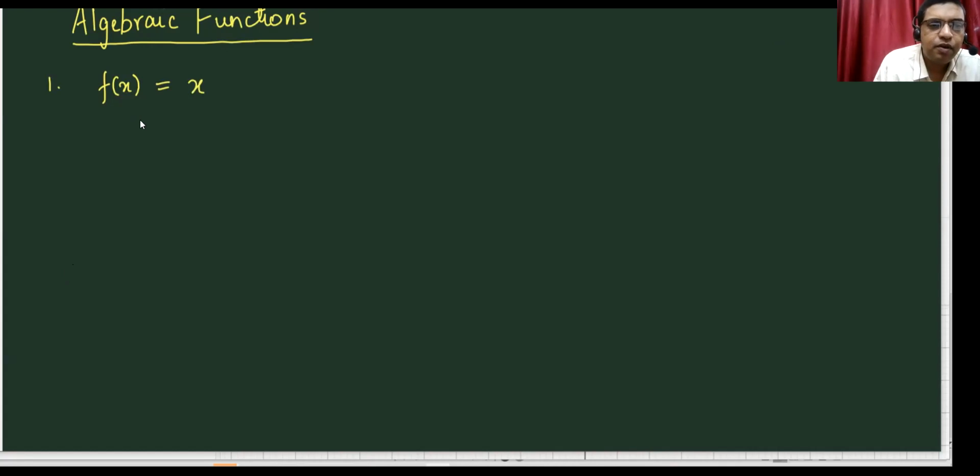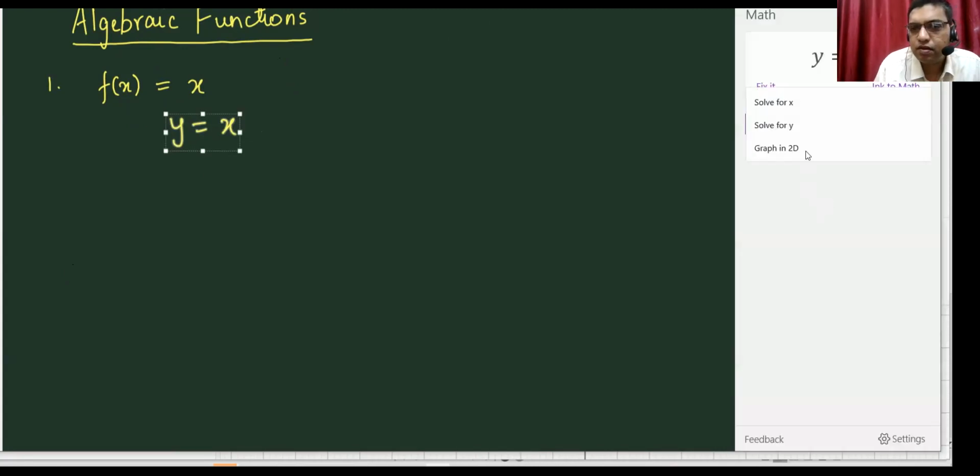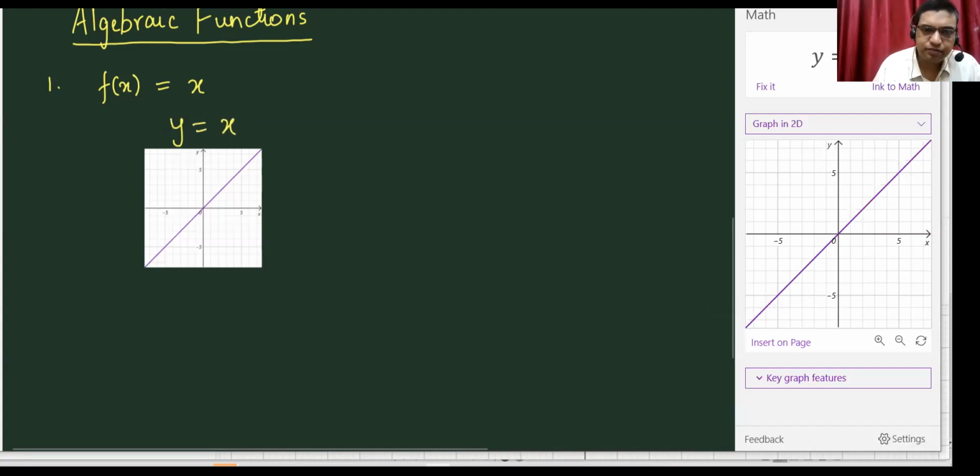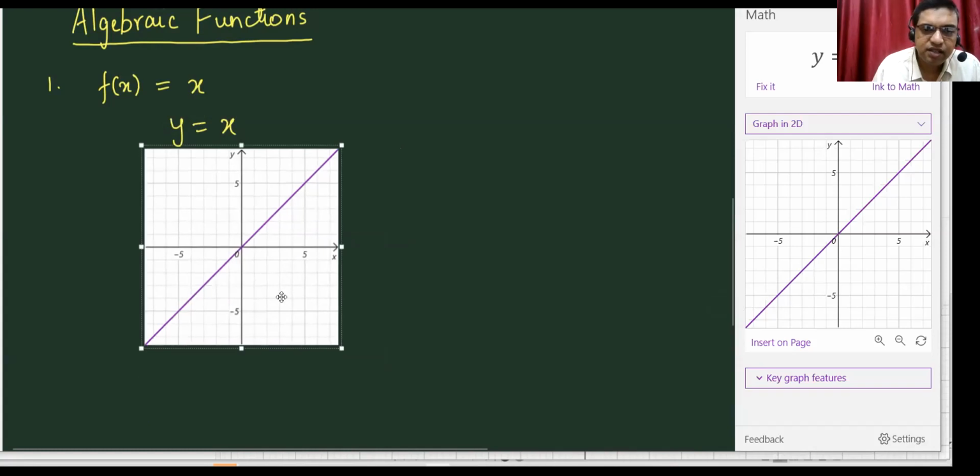You replace f of x by y, and then you will get the graph. What is it? It's a straight line. Graph of y equal to x is a straight line.